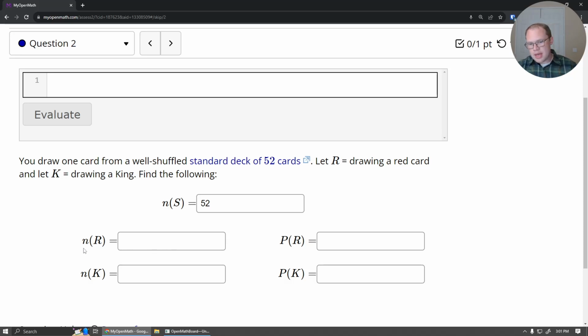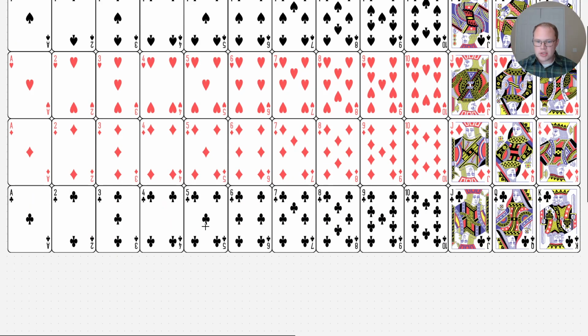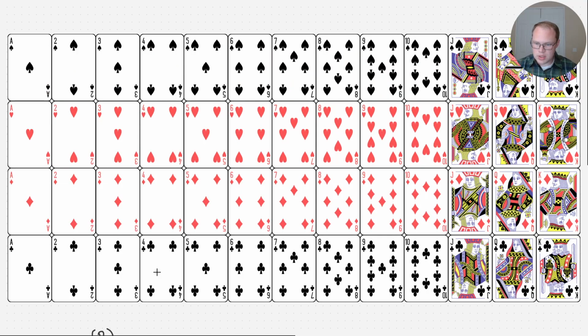Now we want N of R, the number of ways we could draw a red card from the deck. So how do we calculate that? Well, it helps if we actually have the deck in front of us. We want to find N of R. And here are the red cards right here.